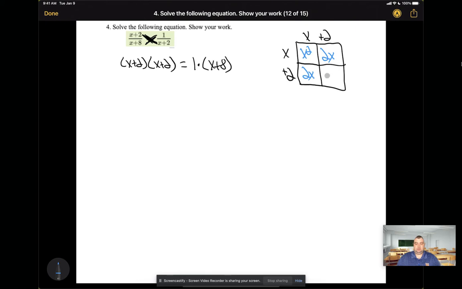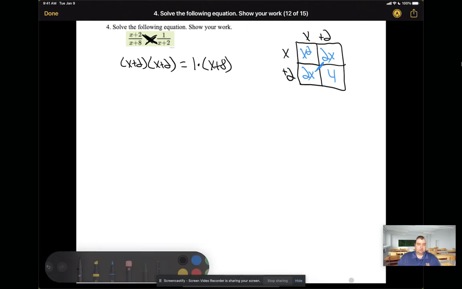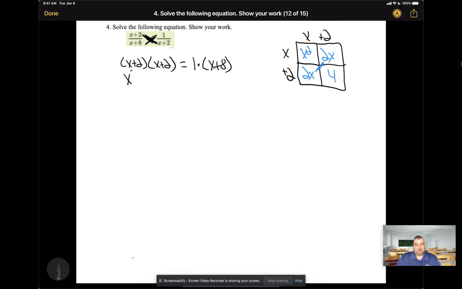And 2 times 2 is 4. If I put everything together, I end up with x squared, 2x and 2x is 4x, plus 4.